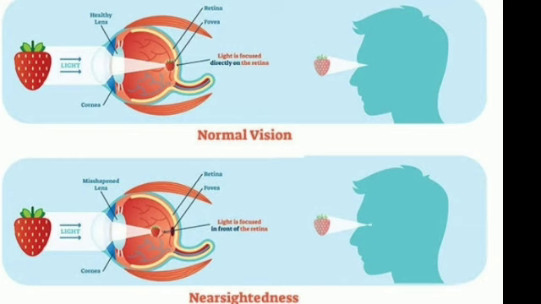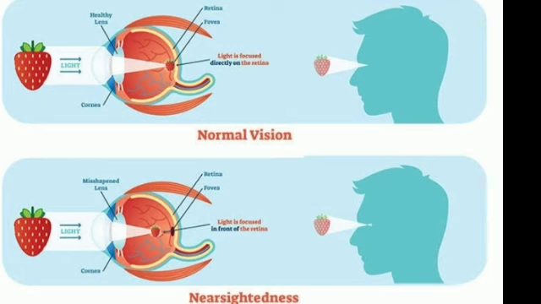There are two reasons for this defect. This means that in this case, the eye can see the near object clearly, but the objects which are at a distance cannot be seen clearly. So this is called nearsightedness or myopia. There are two reasons for this defect.